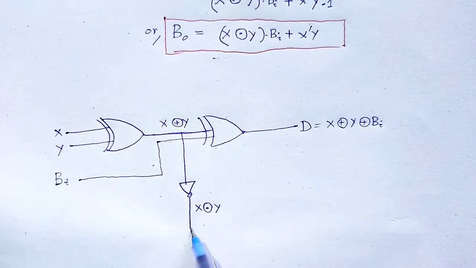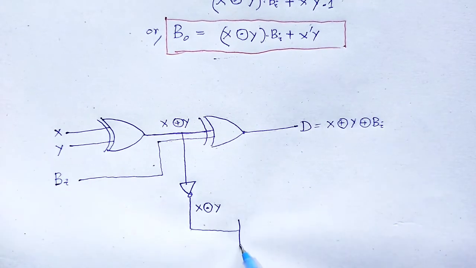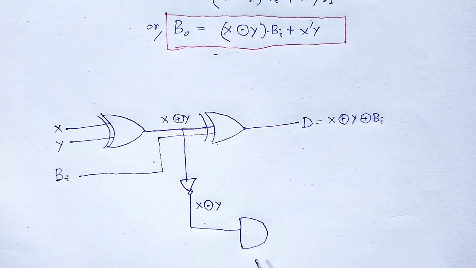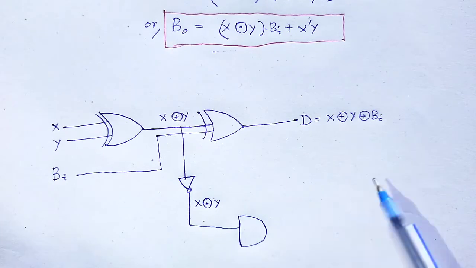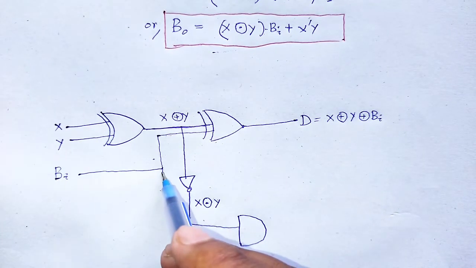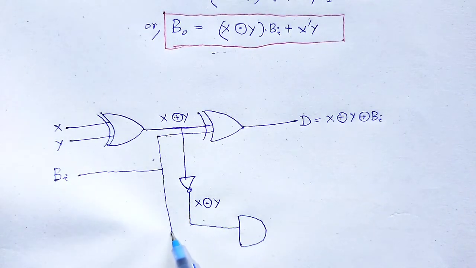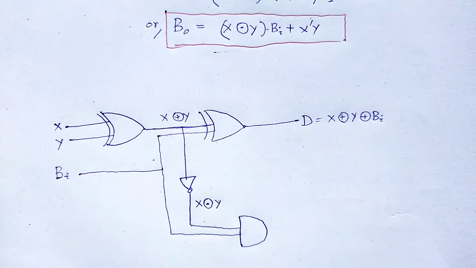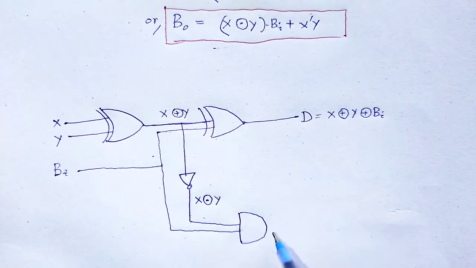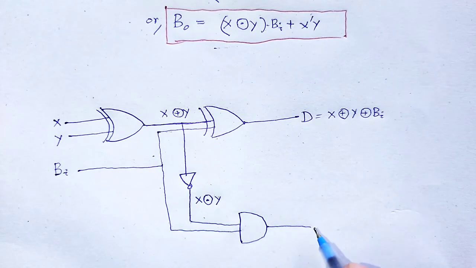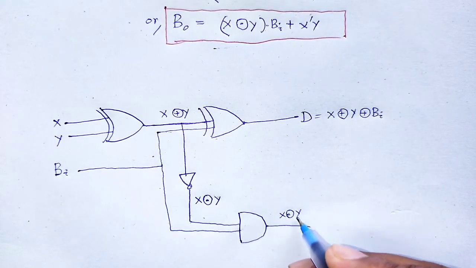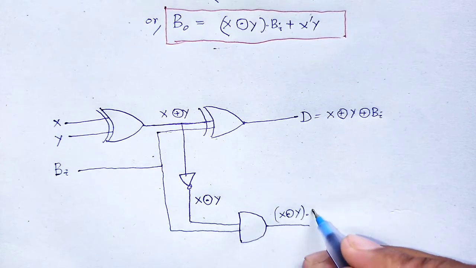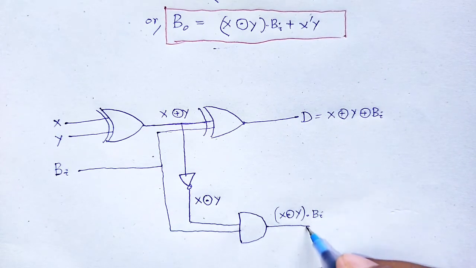That one is the input towards an AND gate, and another input is borrow input bi. So the output we obtain from that AND gate is x XNOR y and borrow input.